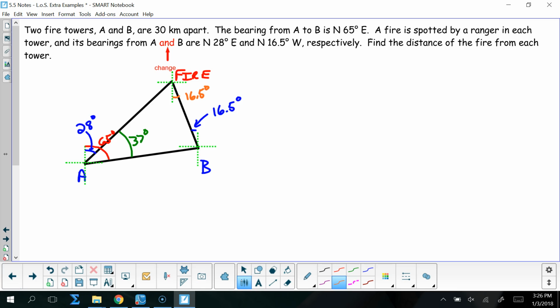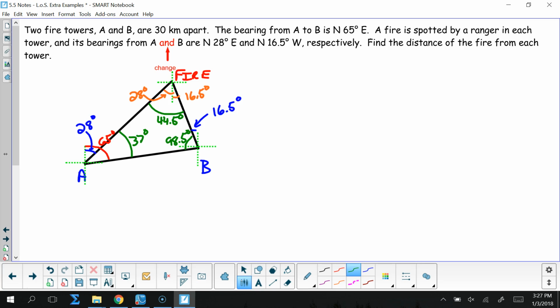This angle here is also 28 degrees based off of alternate interior angles. So this whole angle here is 44.5 degrees, which makes this angle down here 98.5 degrees, because the three angles have to add up to 180 degrees.